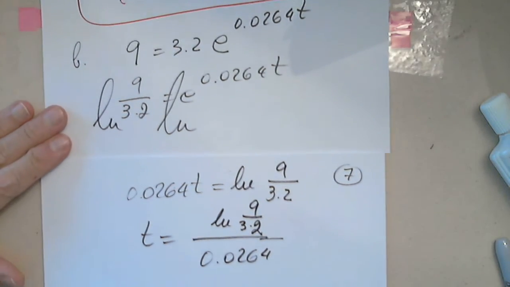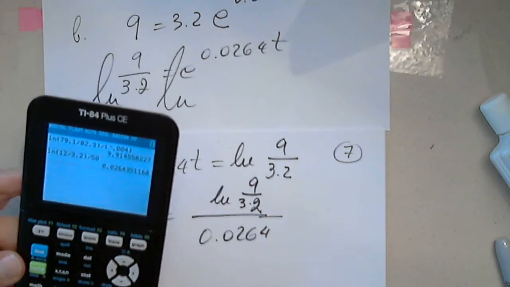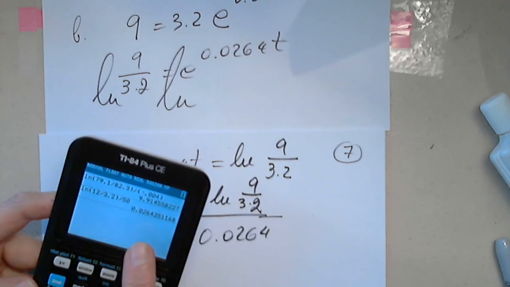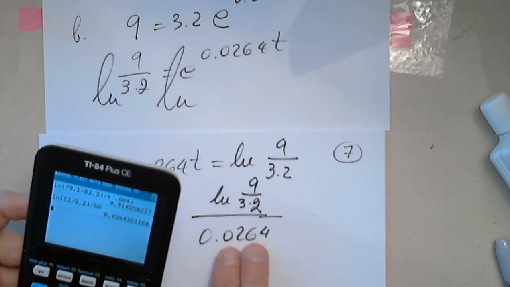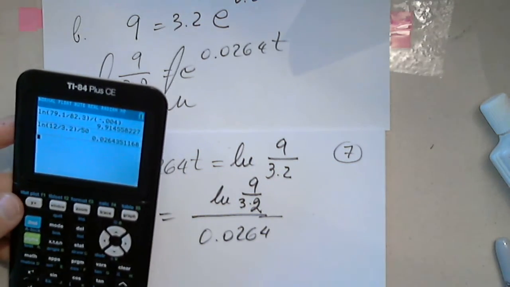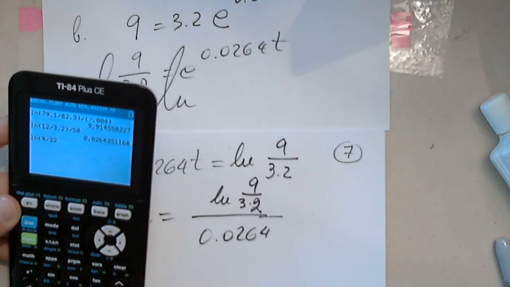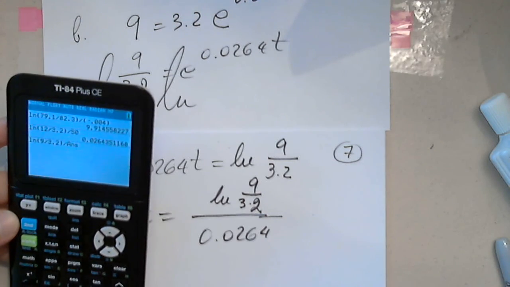I'm going to perform this calculation in 2 ways. Instead of the approximation, I'm going to use this entire answer. And then I'm going to redo the calculation with our approximation with only 4 decimal digits. So I have natural log of 9 divided by 3.2, and then I divide by the previous answer.